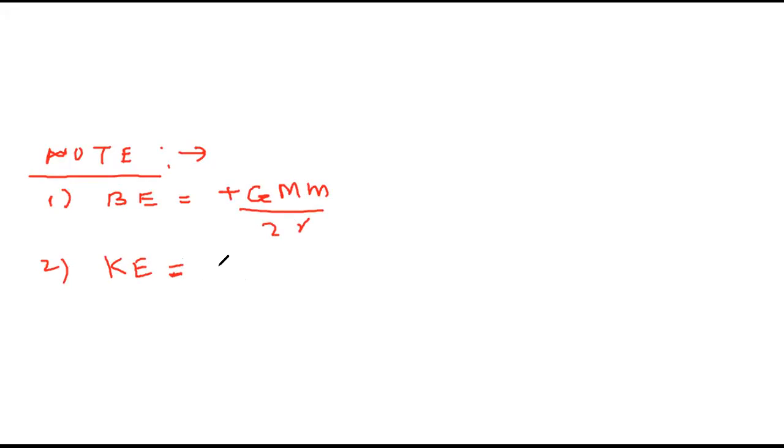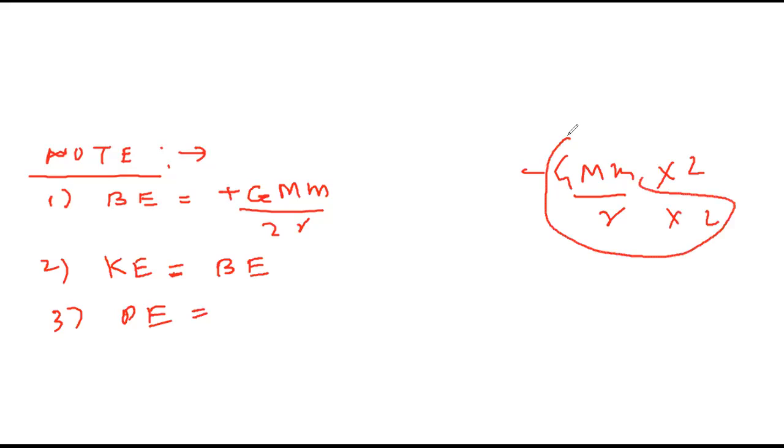Sir, GMm upon 2R. So can I say this is binding energy only? Yes. What you got potential energy? Minus GMm upon R. So if I multiply by 2 and divide by 2, this whole thing is what? Binding energy. So it is minus of twice binding energy. Mostly in MCQs, they will give binding energy and ask you kinetic. It is the same. If they ask potential, it is double of opposite. And total energy is opposite of binding. So write this as a note.